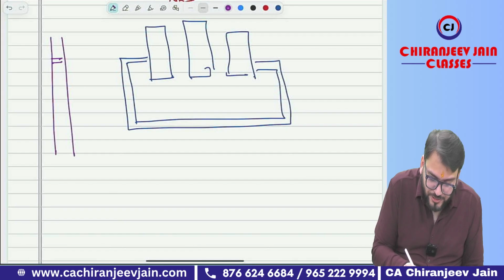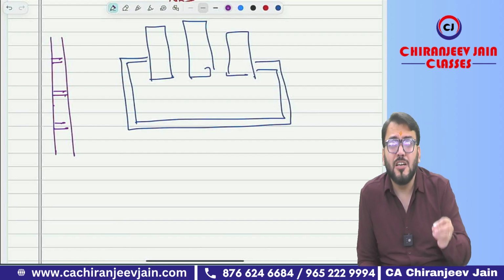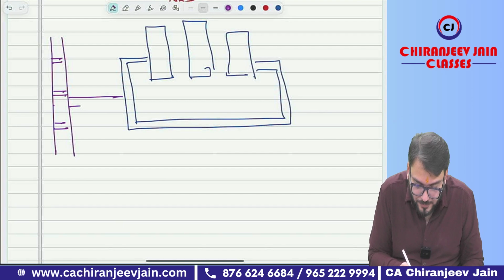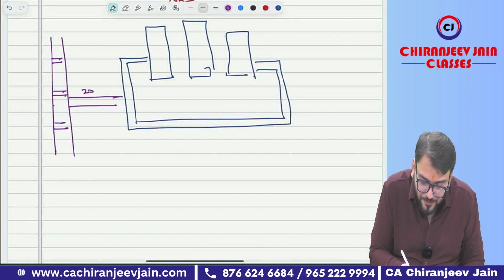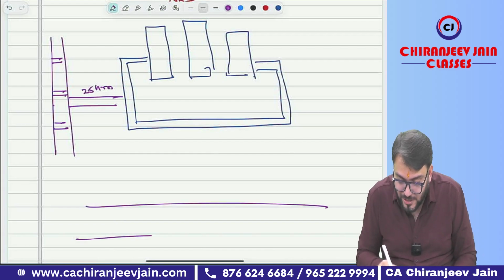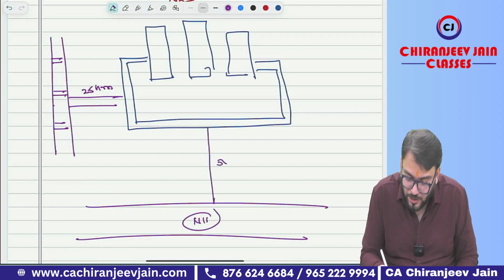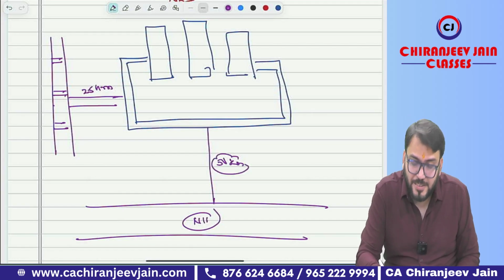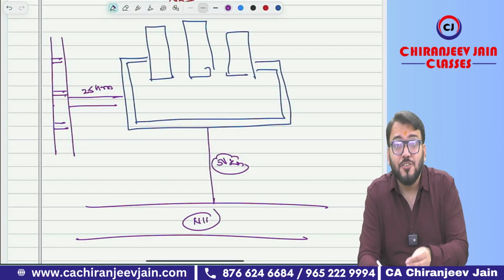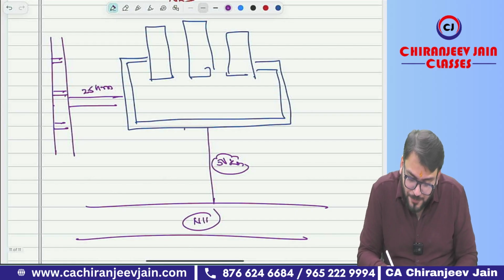Suppose this is the railway station for transportation of the goods. They will use the goods train for transportation purpose. But this is actually 25 kilometers from their premises, and the national highway is also, suppose, 50 kilometers from their premises.